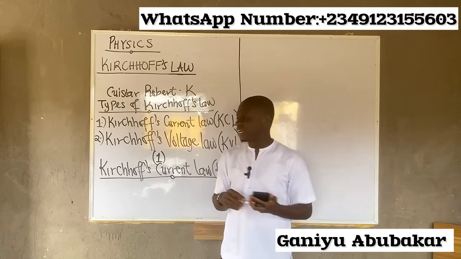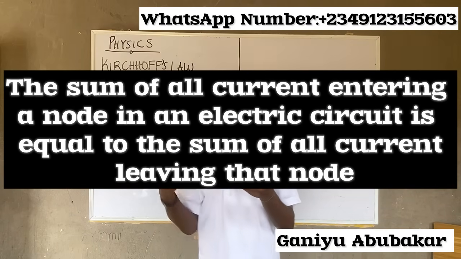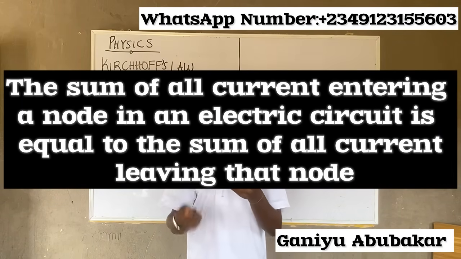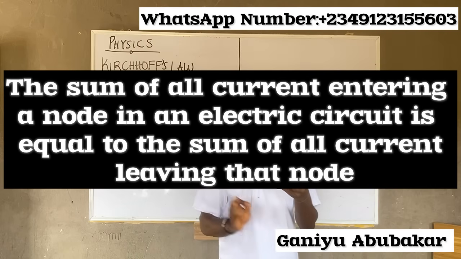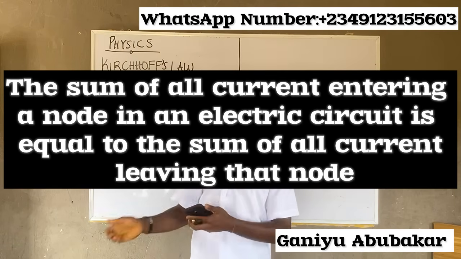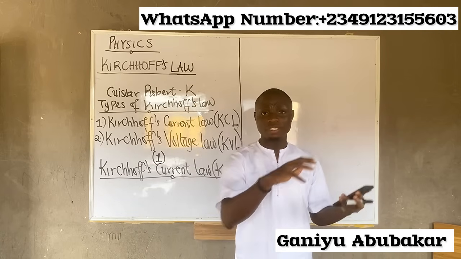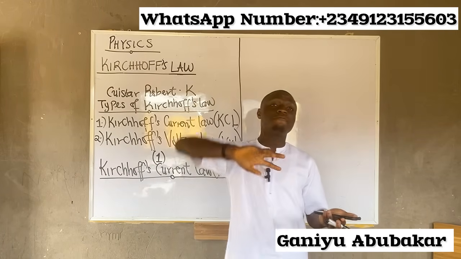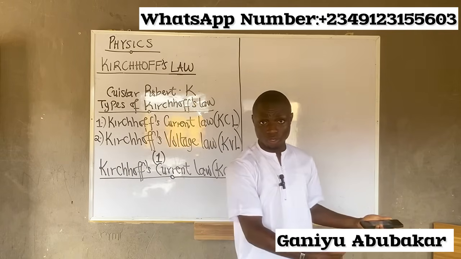Or you can state Kirchhoff's current law as: the sum of all current entering a node in an electric circuit must be equal to the sum of all current leaving the node. The difference between the two statements is that in the first one I used junction, and in the other I used node.